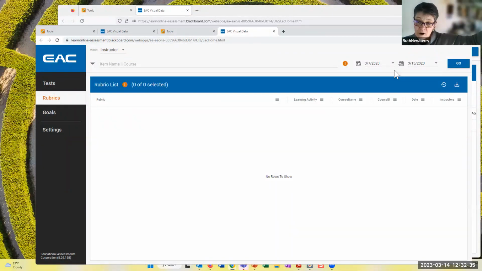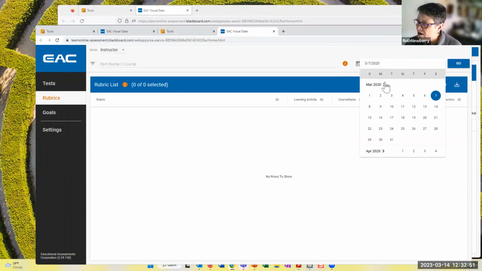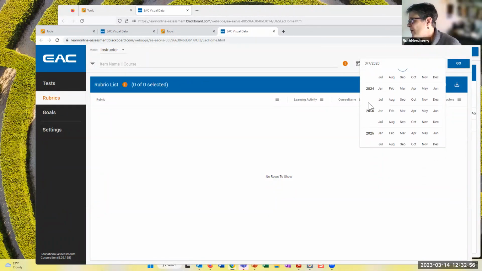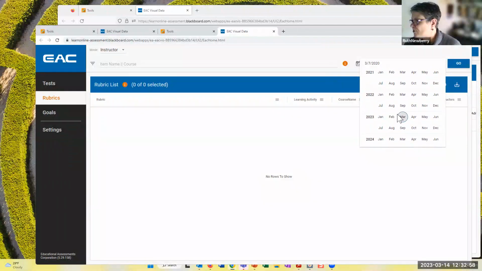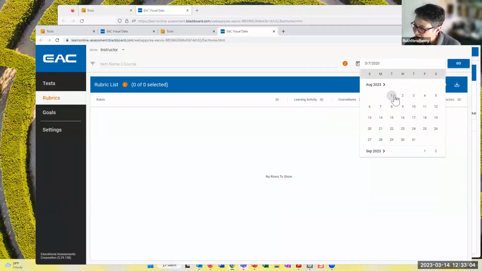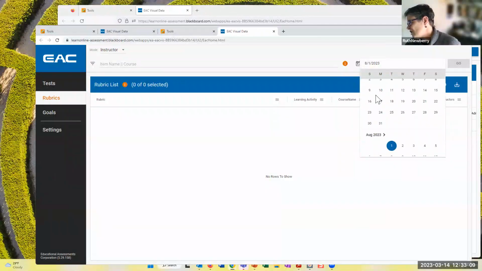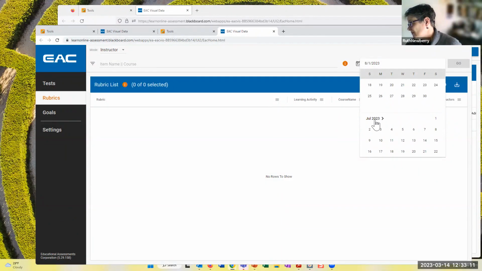So in this case, I'm going all the way back to 2020 and my courses offered then. If you wanted to look at your fall courses and all the rubrics in your fall courses, then you would come here to the date range, click on the year, and we come up to 2023, and we would want to go back to March, select the first, and whoops, 2022, August, my fault.